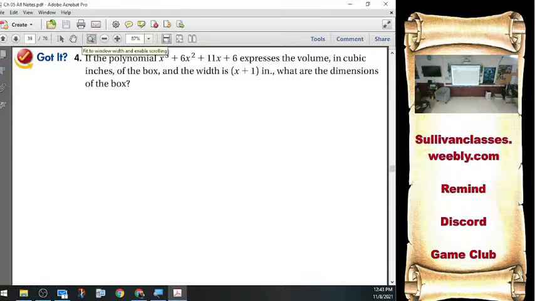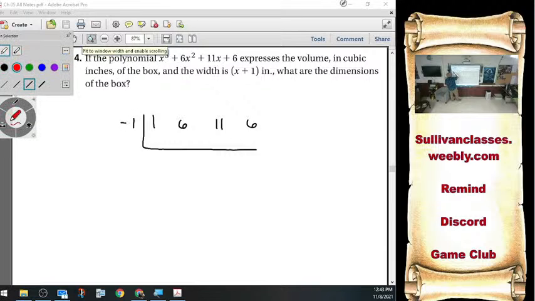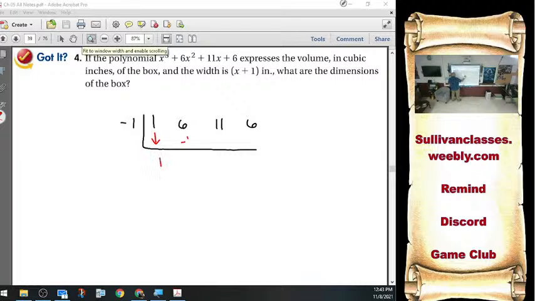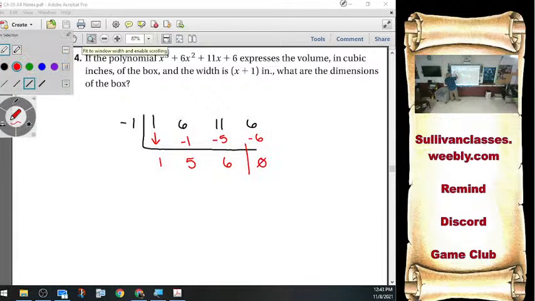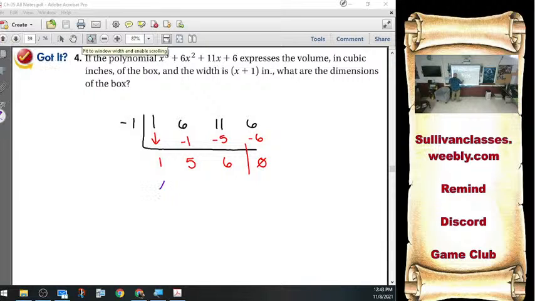X squared plus 5. So the x squared plus 5x plus 6.